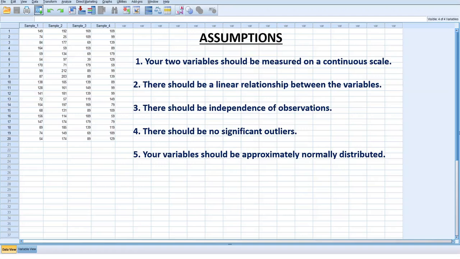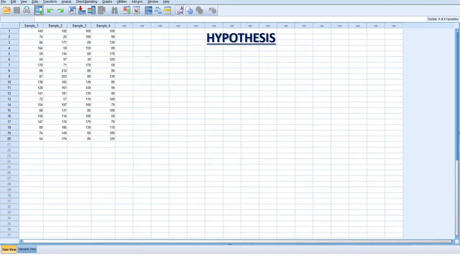Now, the hypothesis. A correlation coefficient is usually calculated with sample data taken from the population, and in statistics, we always intend to test a hypothesis about the population. So for this correlation analysis, we want to check whether the correlation coefficient in the sample is statistically significantly different from 0.